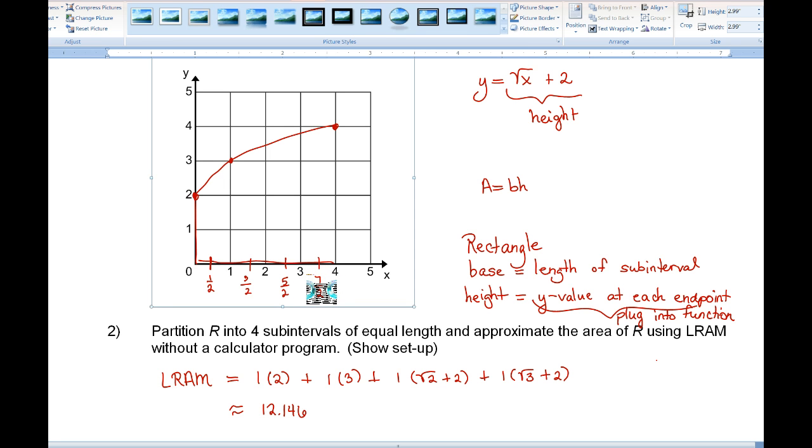So I'm going to plug 1/2 in, so basically it's going to hit the graph about here, and that's going to determine the height of my rectangle. And then same thing for 3/2, and same thing for 5/2 and so on. So those rectangles are going to be what?